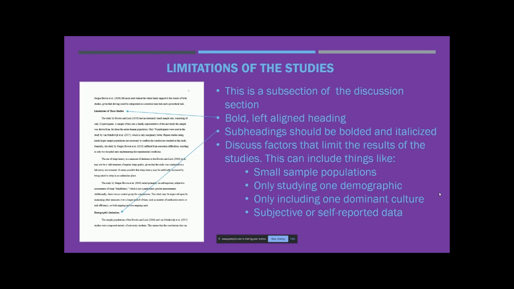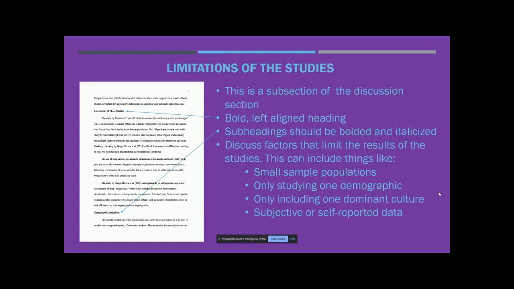Or having it be really culturally specific, like if the study was only conducted on Americans, or if the data is self-reported, that can be kind of weak because people tend to view themselves in the best light.